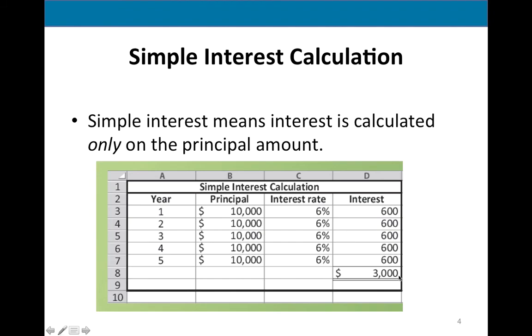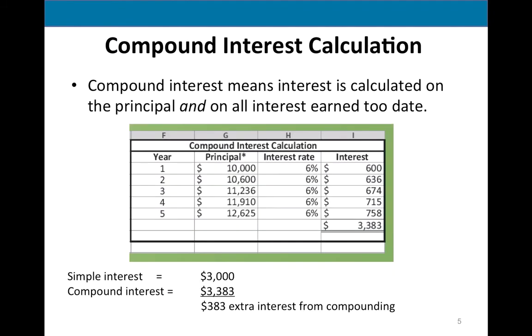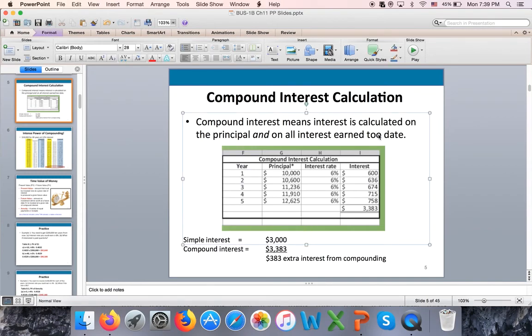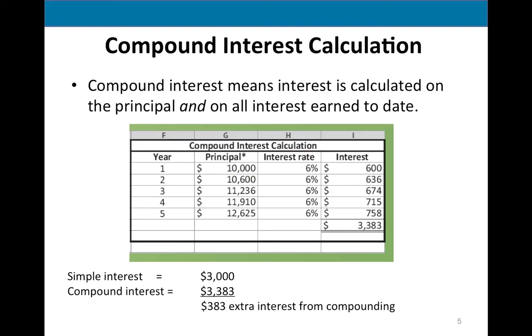Compound interest is a very different concept, and that's what we will be using here. We're earning interest on principal plus all the interest earned to date. So in year one, my principal is 10,000 at 6%. I earn $600. But I keep this $600, and in the second year I'm earning interest at the same 6%, but on principal plus interest.